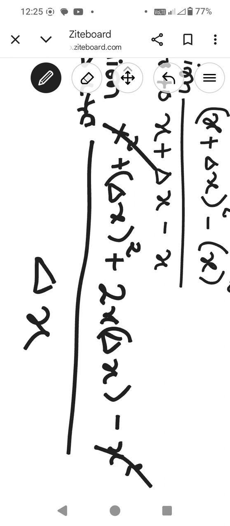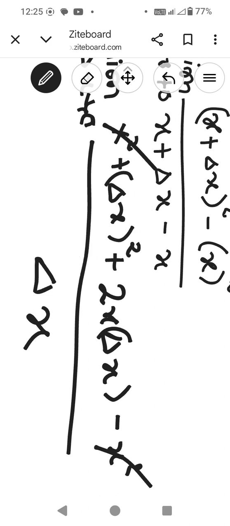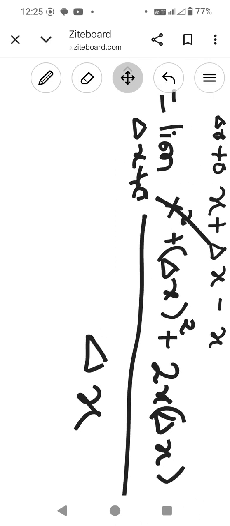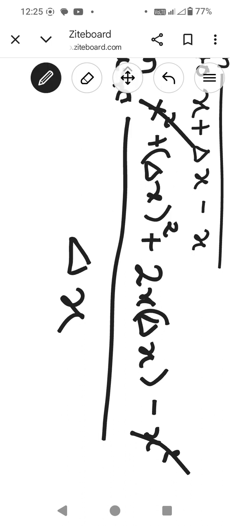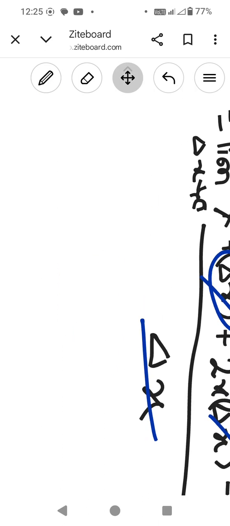So now I will be using this limit. I will be saying that delta x is tending to 0. I will be using it here, where I will be tending delta x to 0. This thing is cancelled when these two are cancelled. What I will be getting is 2x.